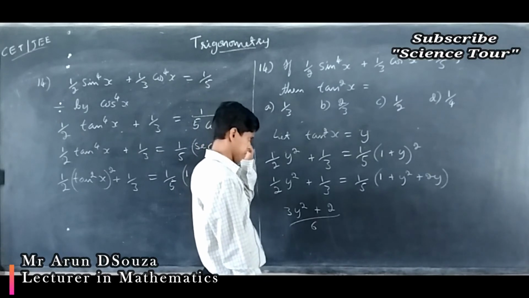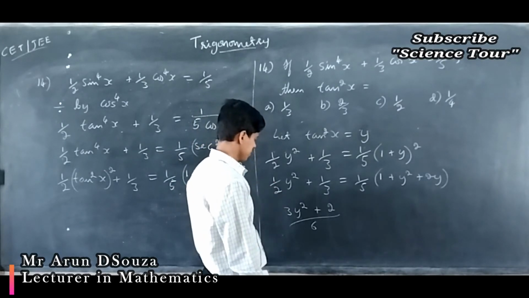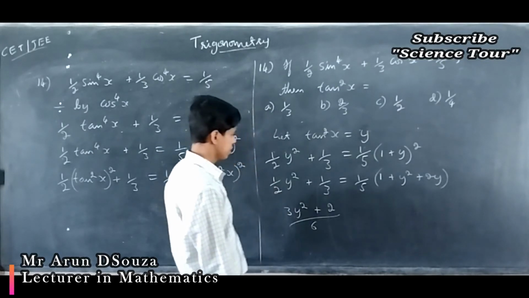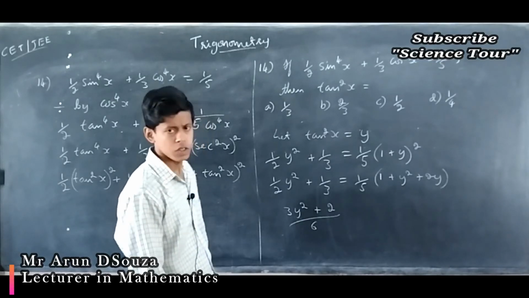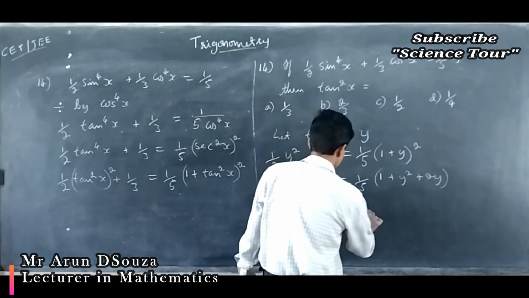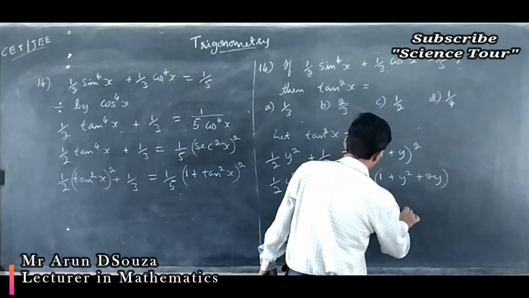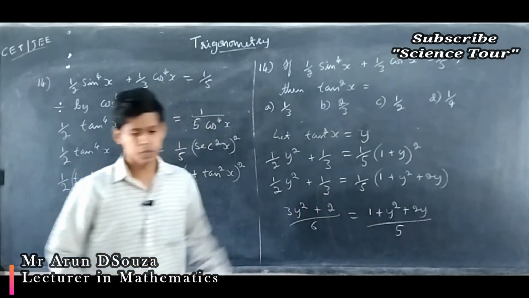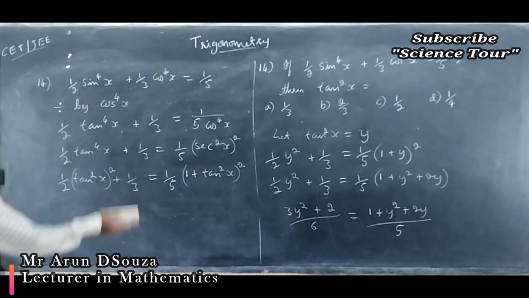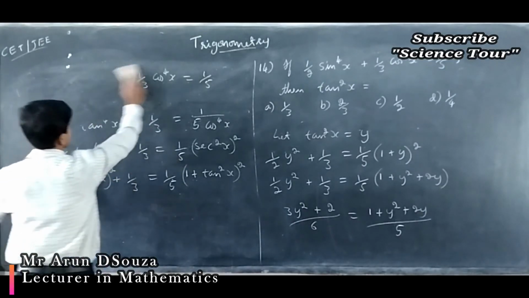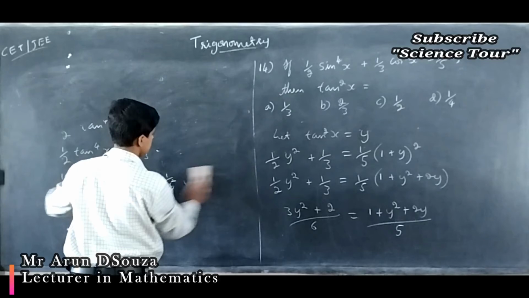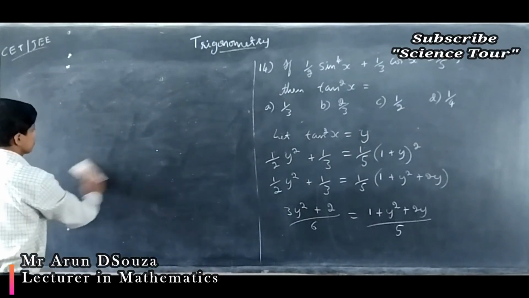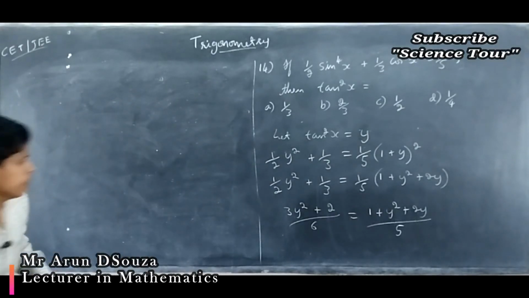And then, is there any use of this? Yeah, we can cross multiply. So this is like 1 plus y square plus 2y divided by 5. So let us cross multiply.